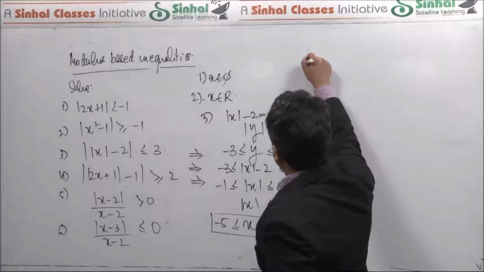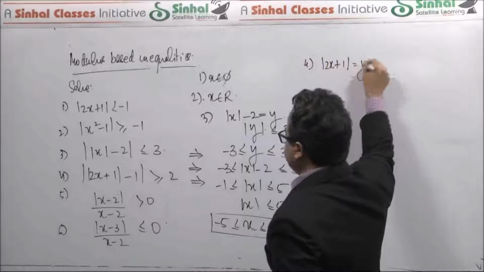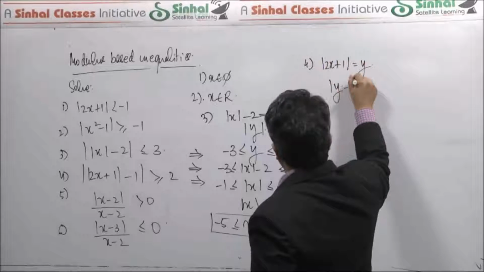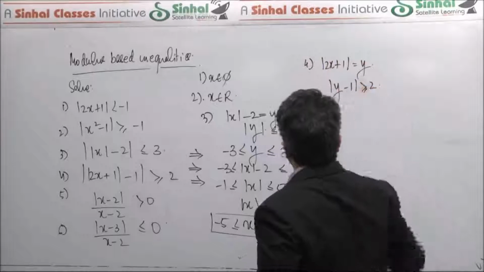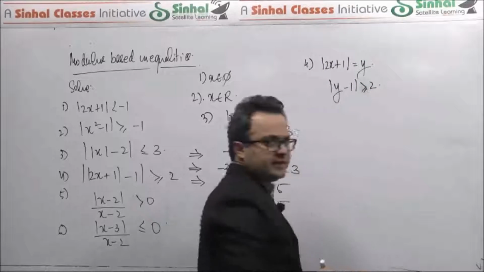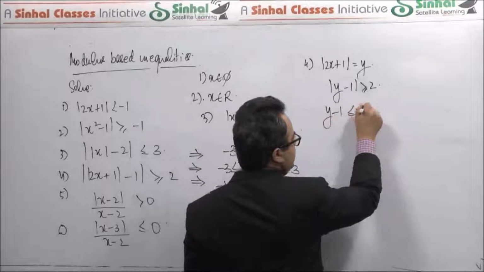Similarly, for the fourth one, if you want, you could substitute mod of 2x plus 1 as some variable y. So we get mod of y minus 1 is greater than or equal to 2, but then again that could mean that y minus 1 is less than equal to minus 2, or y minus 1 is greater than or equal to 2.